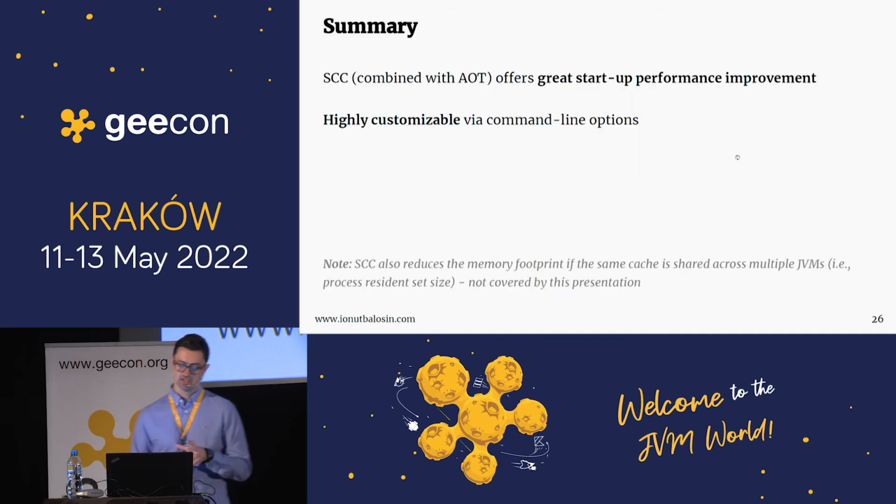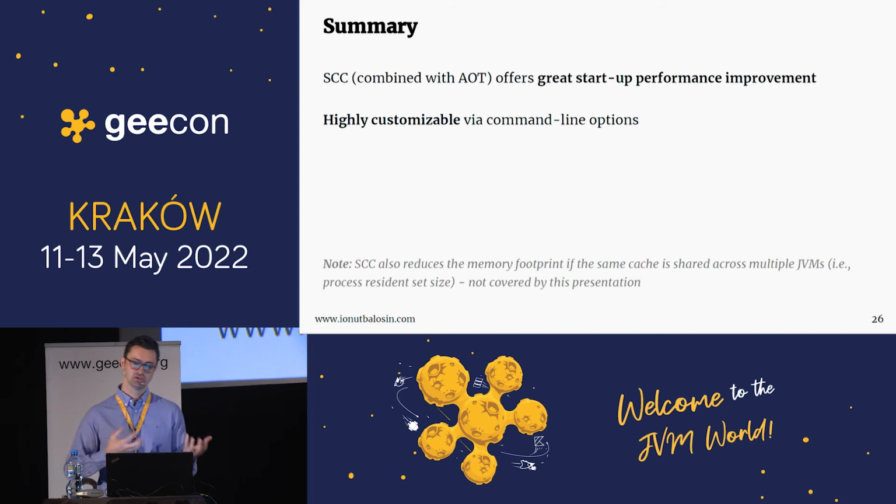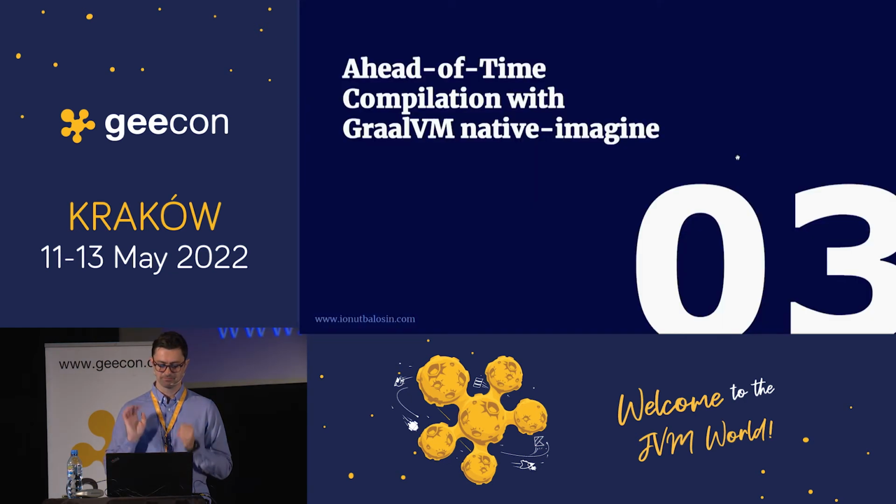In a nutshell, this is a kind of interesting feature. And in comparison to the dynamic HotSpot, of course, it is not apples to apples, because this is combined with AOT, and you cannot beat AOT. But anyway, I think it's something that you should consider if you are keen on these startup times.